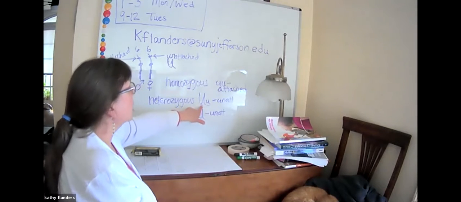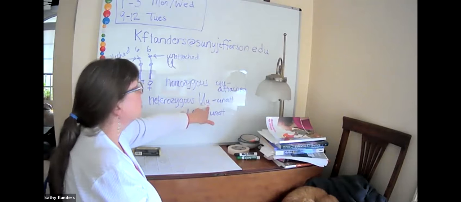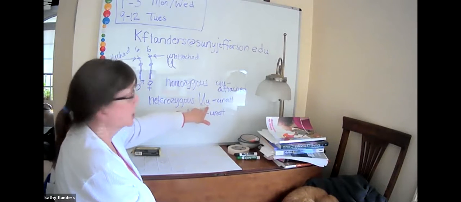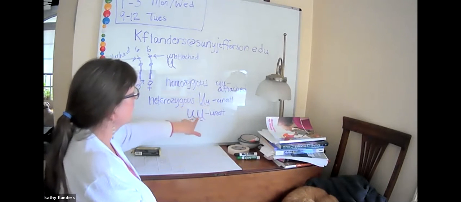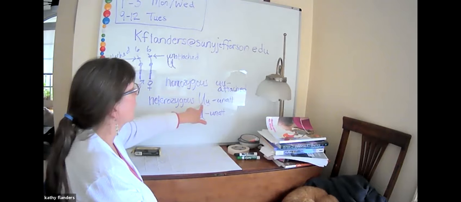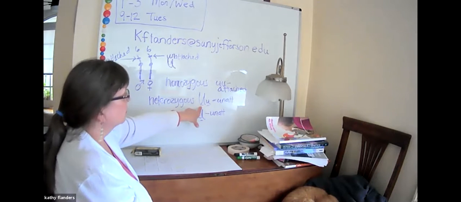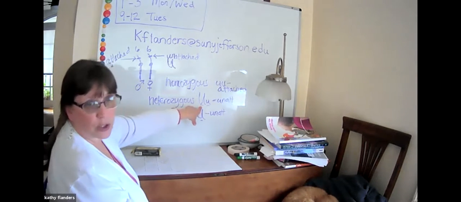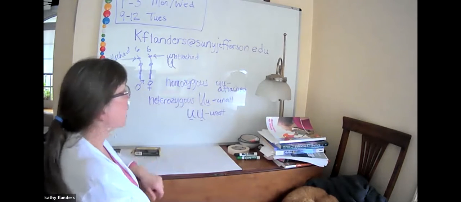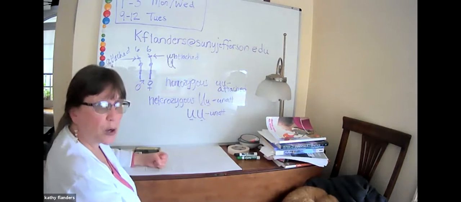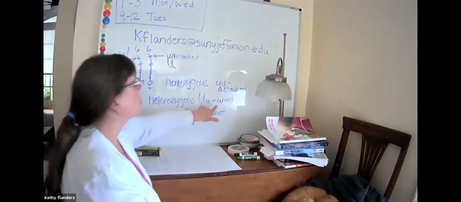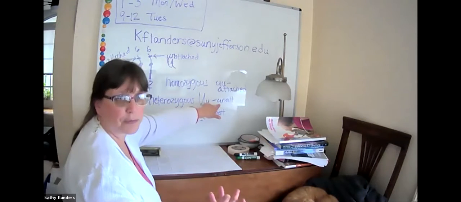But this is dominant, doesn't matter what that second allele is, right? It can be a big U or it can be a little u, and you will see this trait. That's what a dominant trait is. No matter what the dominant trait is paired with, it will show up in a phenotype.